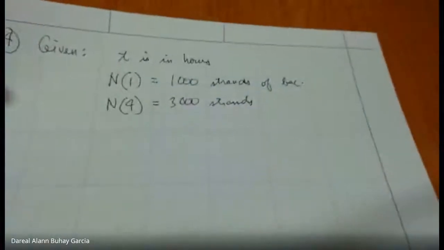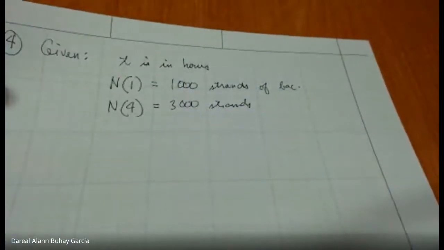Find an expression for the approximate number of strands at the... So we don't have N0, right? Required: find the expression for the approximate amount of bacteria.